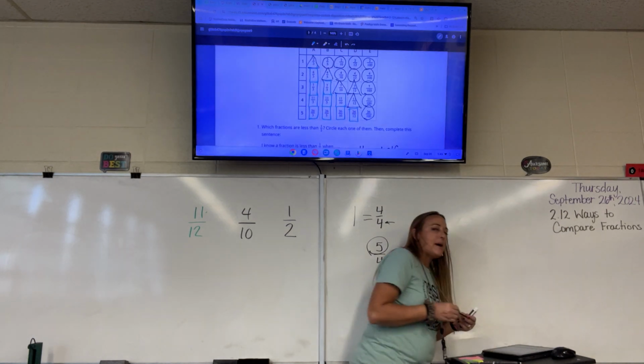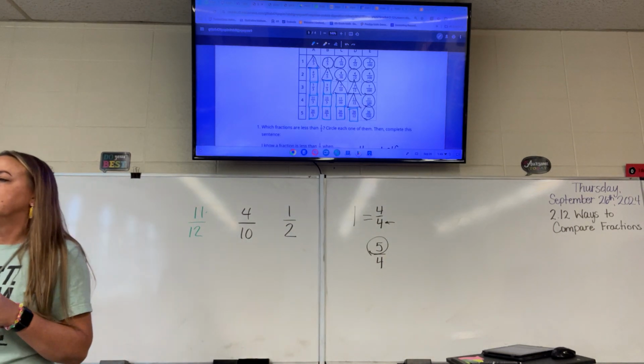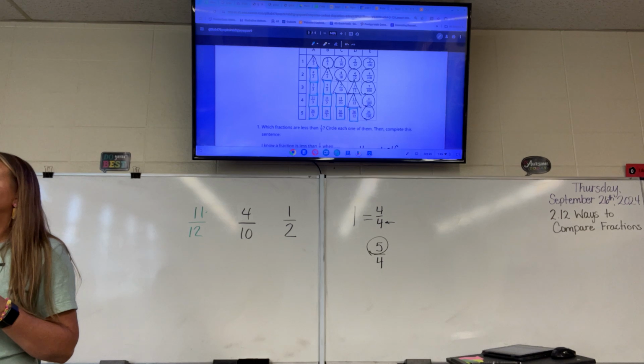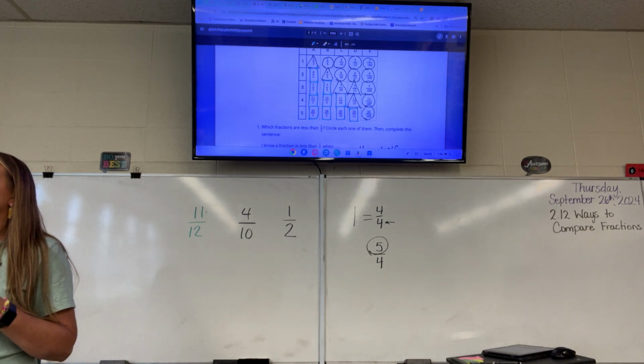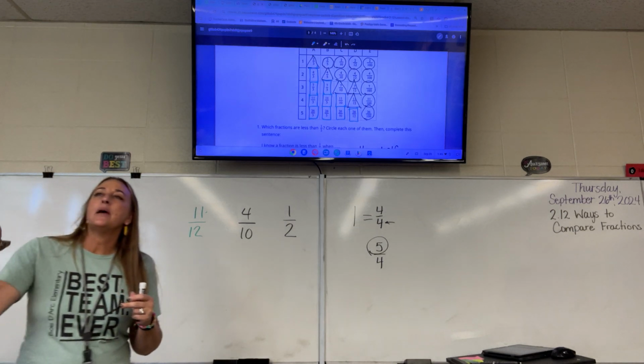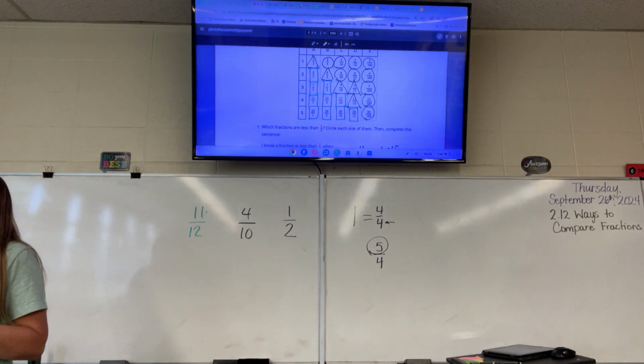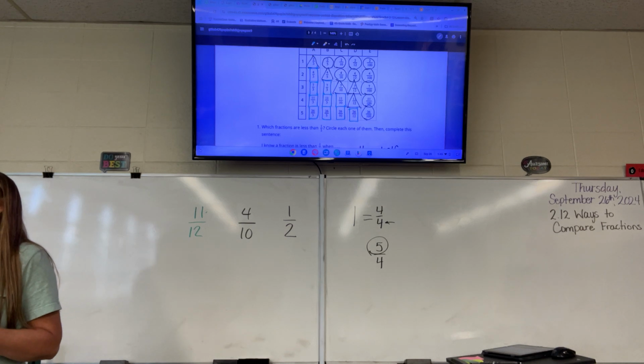What do you notice about all of those fractions, Mary? They have more boxes when they slowly go down. But don't look at the number of boxes, look at the fractions that are inside the boxes. What do you notice about all of those fractions?